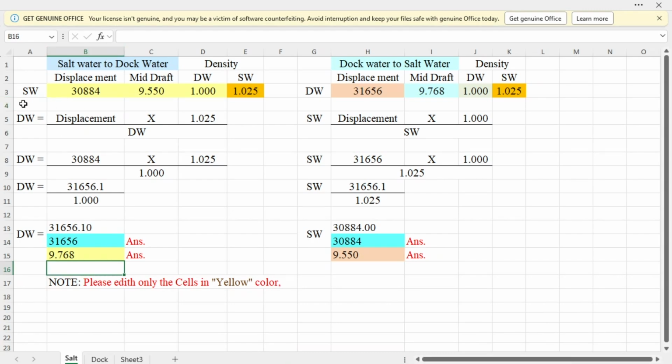But if you use the program, you just put your saltwater displacement from a draft of 9.55, and with this formula to get the brackish water displacement, this is the saltwater displacement times 1.025 over your brackish water density of 1.011, and you have a displacement of 31656.